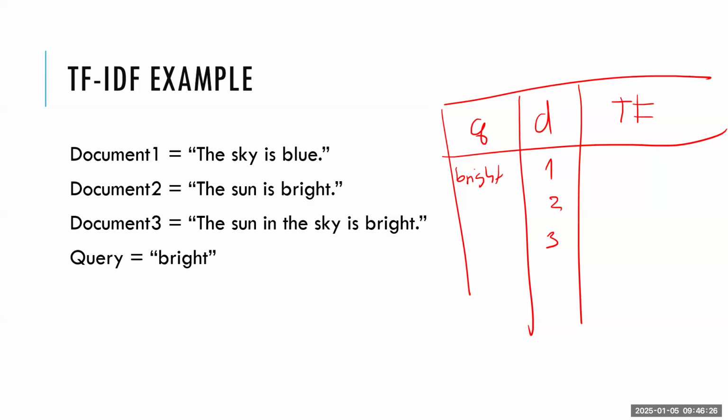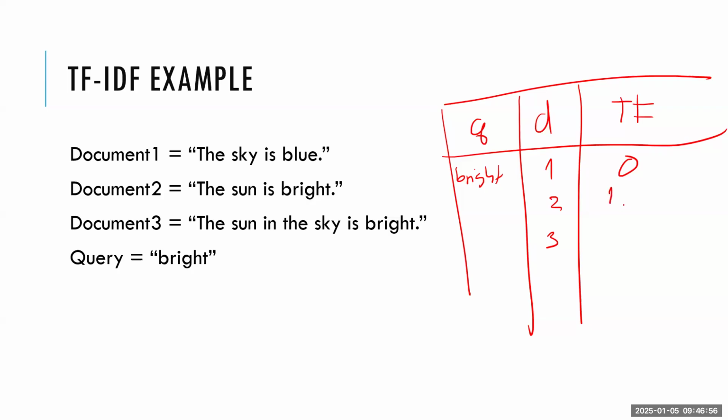So what is my TF score for bright and document 1? It's 0, because the word bright does not appear in that document. What about document 2? What is your TF score?